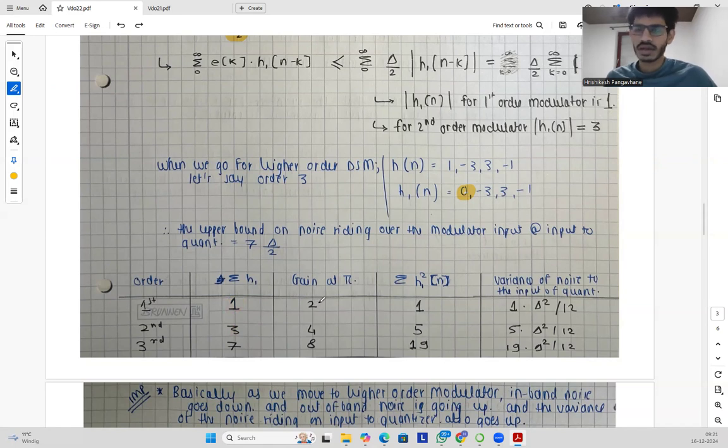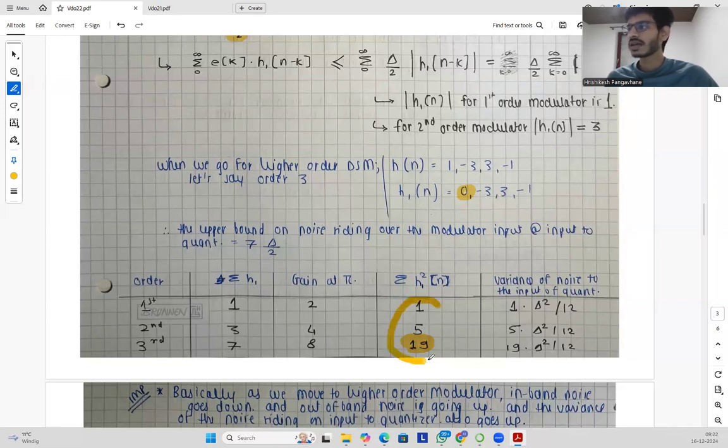The gain of that noise over a range of pi is 2 times in first order, 4 times in second order, and 8 times in third order, because it's the integration of omega square. Then the summation of h1 square of n comes out to be 1 in the case of first order, 5 in the case of second order, and 19 in the case of third order.